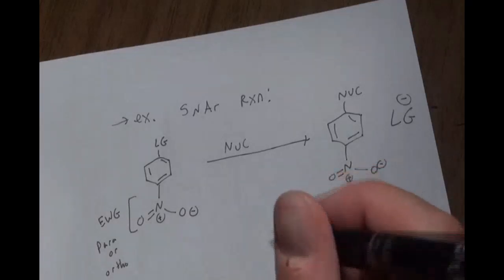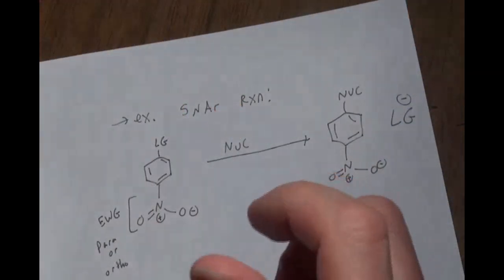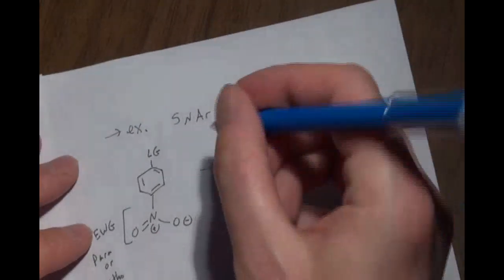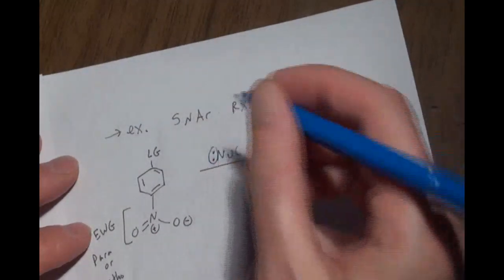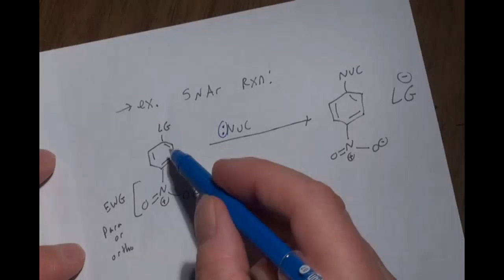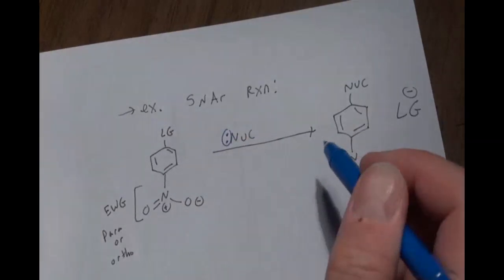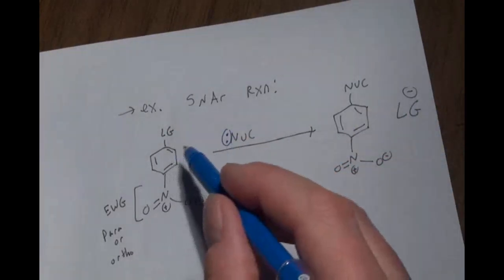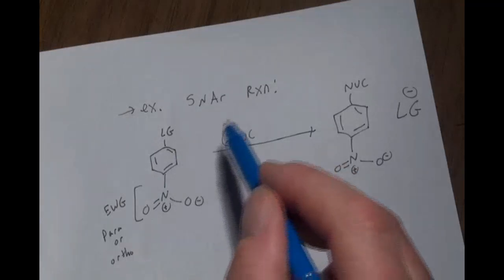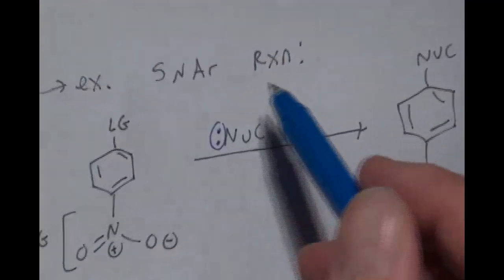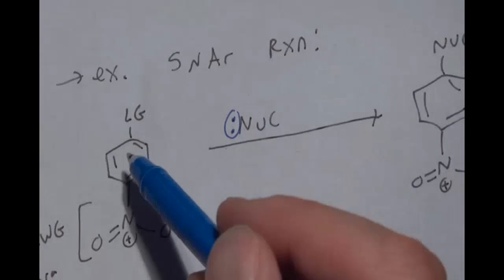And the question is, how does it do this? You might think, oh, well, I get a nucleophile to attack the carbon, kick off the leaving group, right? Why does that not work? Why can't the nucleophile just attack that carbon?